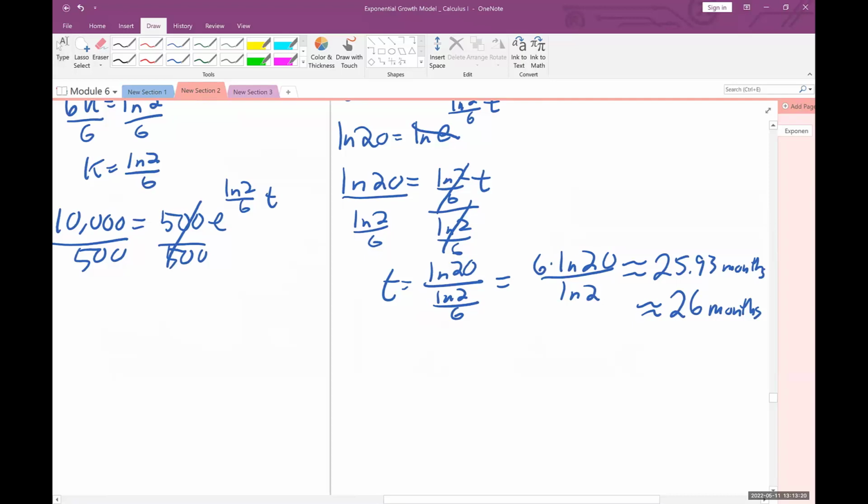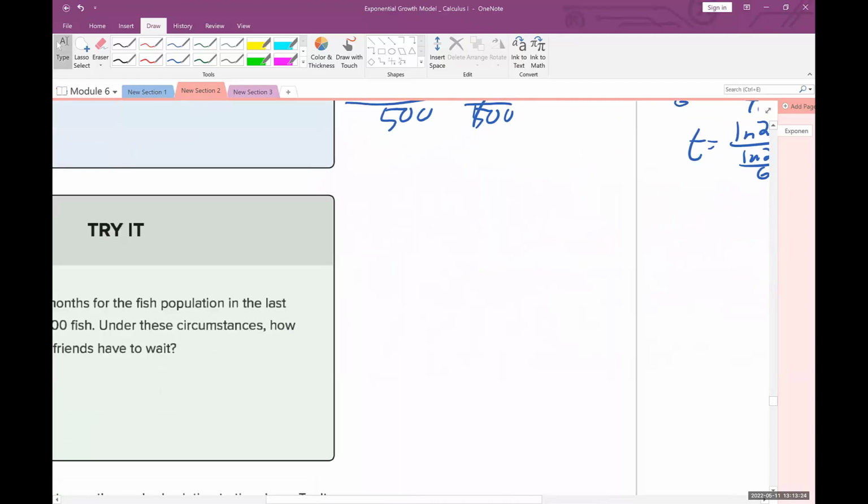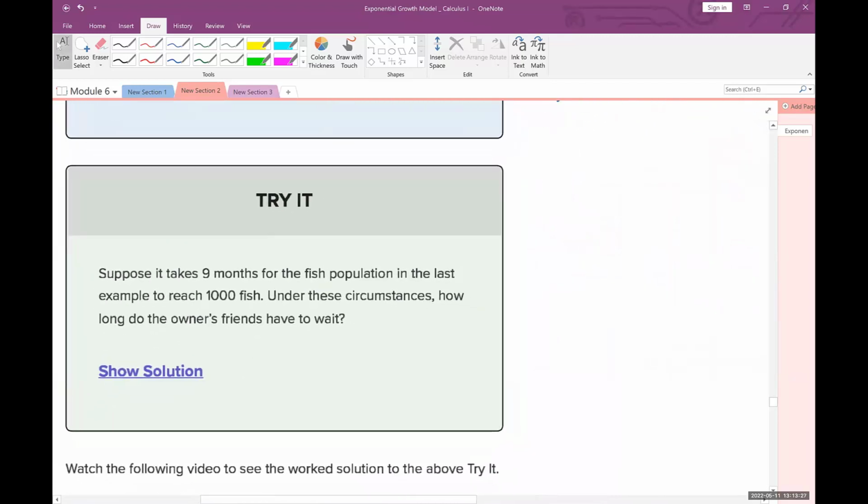Okay, let's try another one like that, talking about population doubling. Same problem, but now it's 9 months for the fish population to double. So if it takes 9 months instead of 6 months, how long will it take? Our doubling time is the natural log of 2 over k.